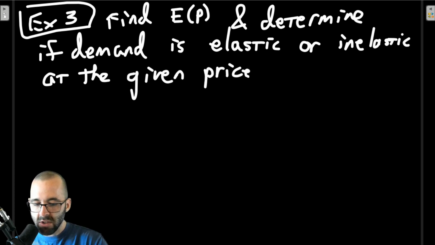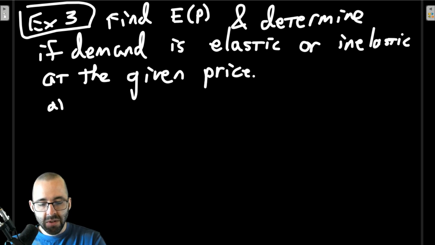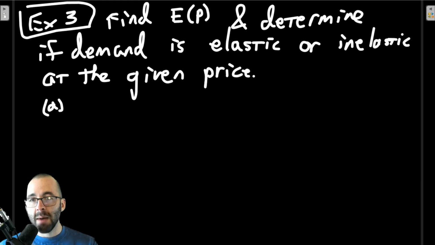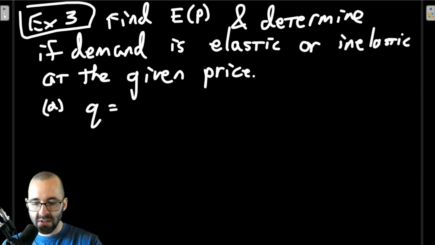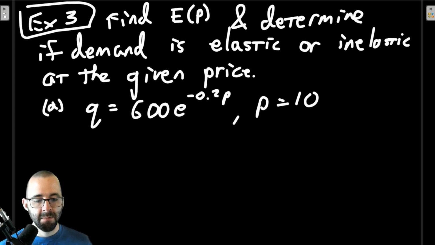This is just finding derivatives using a formula and plugging things in. Then we'll talk more conceptually and application-focused in the next video. Our demand function is Q equals 600 times e to the negative 0.2P, and I specifically want to know the price at 10.